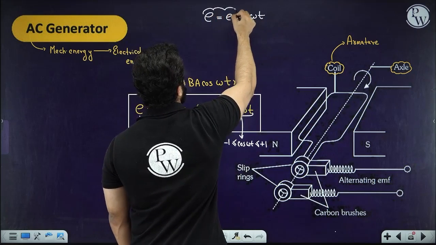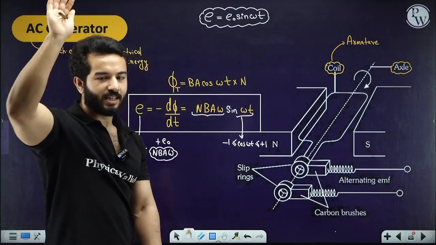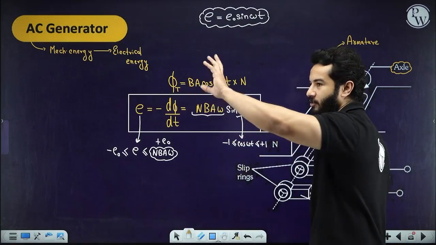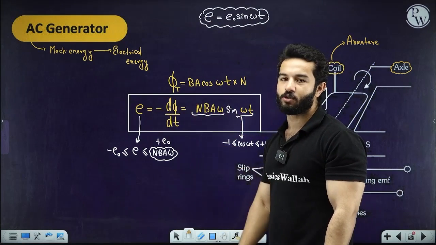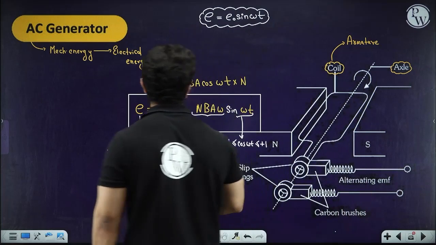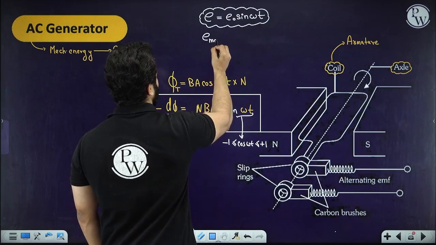So now please see here, you don't have to draw all the graphs, although you can see them in the old NCERT. We had the graph of how the flux changes, how the armature moves, and how induced EMF is generated, right? We don't have to worry about all of those things. You can simply see it. But let's suppose we want to know where we have got maximum EMF.